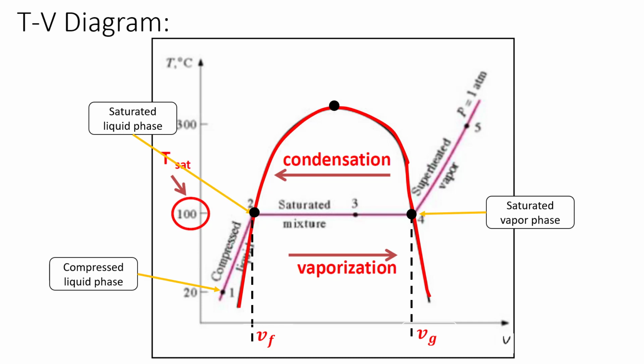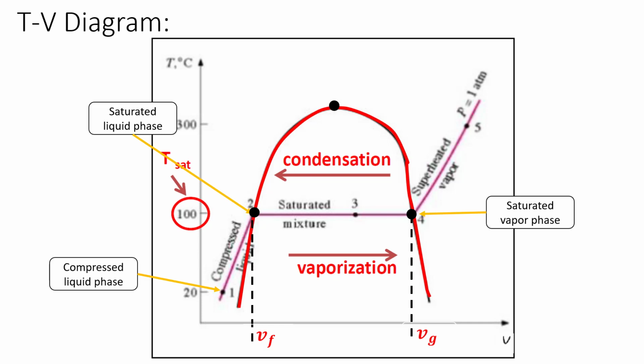Now let's look at the phases of pure substance in the TV diagram. At point 1, the substance is in compressed liquid. At point 2, it has changed to saturated liquid, where only liquid exists. Between point 2 and 4 is the saturated mixture of liquid and vapor. At point 4, it becomes saturated vapor, and lastly, above point 4, the substance is in superheated phase. In this case, the saturated temperature, T sat, is 100 degrees Celsius.